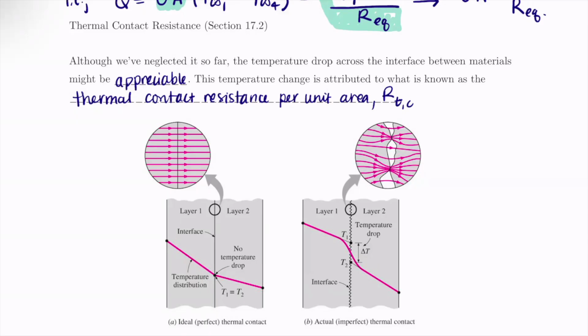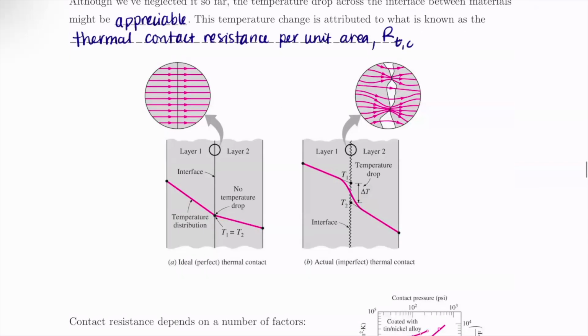Okay, so if we compare an ideal perfect thermal contact situation, which is what's on the left here, and an actual thermal contact, which is imperfect, what we see is that for the perfect scenario, the temperature goes continuously through the material where they are interfaced.